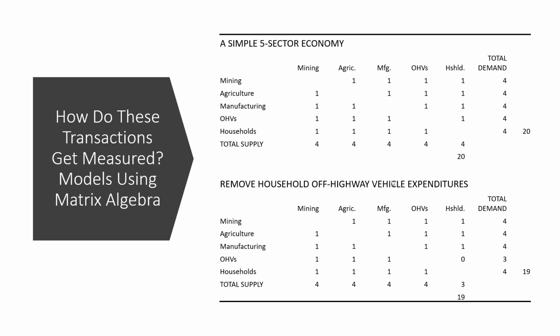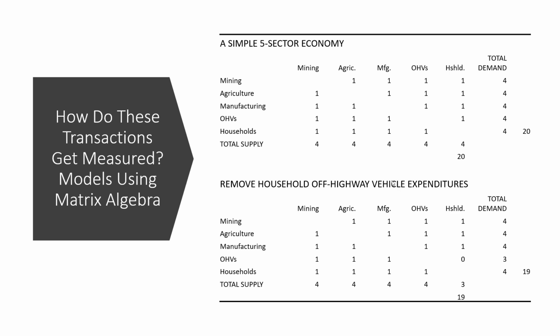For our purposes in that second box, the lower one, we're just going to assume that households quit buying off-highway vehicles, which means that down in the lower right, we changed a 1 to a 0. Okay, that changes total output in the economy to 19 and total demand in the economy to 19, and those balance.